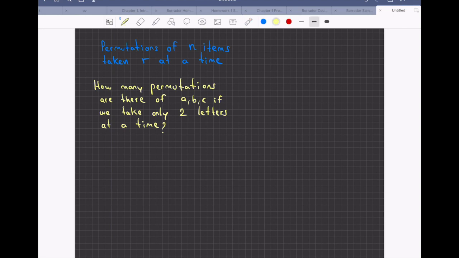That's the point. So notice, again, I think we can count this without so much complication. One possibility is AB, other possibility is BA, other possibility is AC, other one is CA, other one is BC and CB.